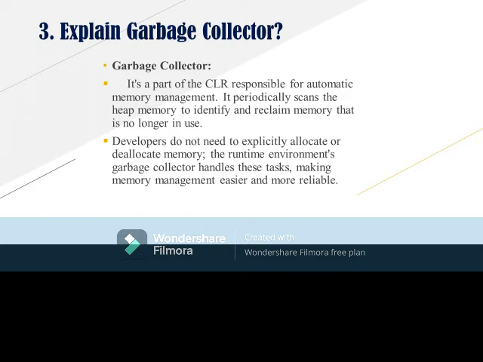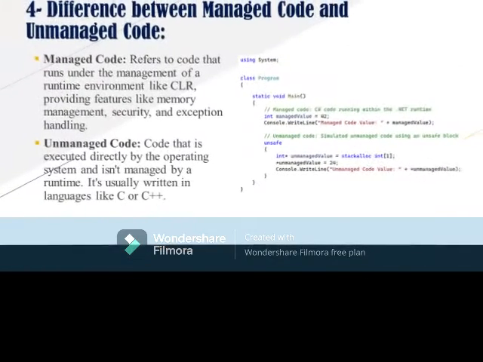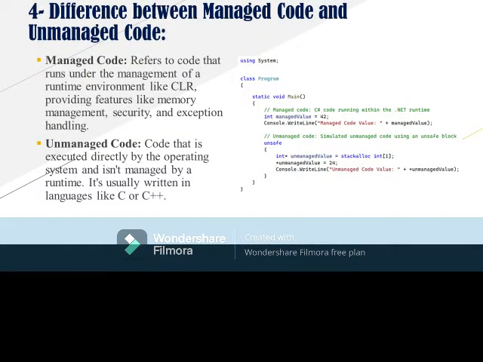Okay. Babar, what is managed code and unmanaged code? How can you differentiate? Managed code refers to code that runs under the management of a runtime environment, just like the CLR I mentioned before. It provides features like memory management, security, and exception handling.